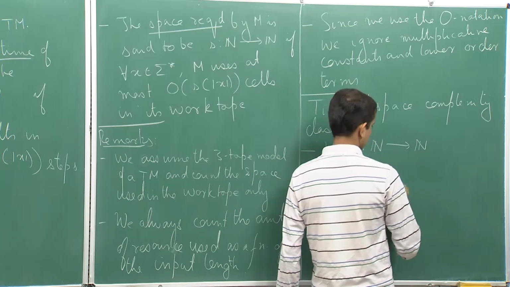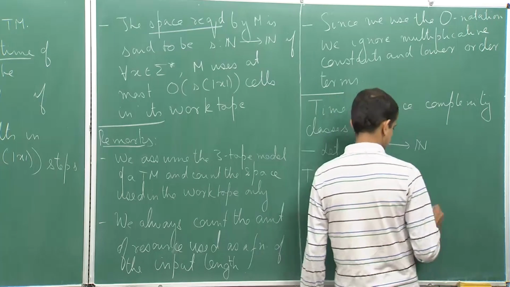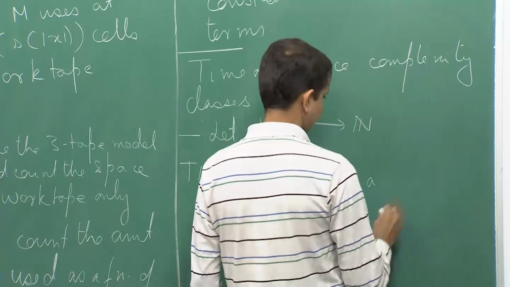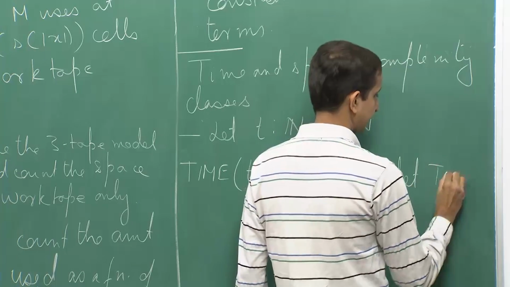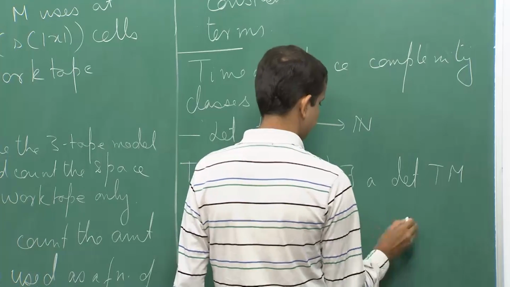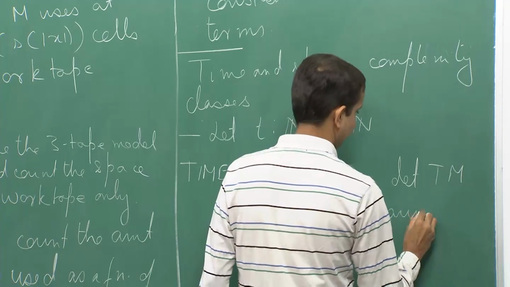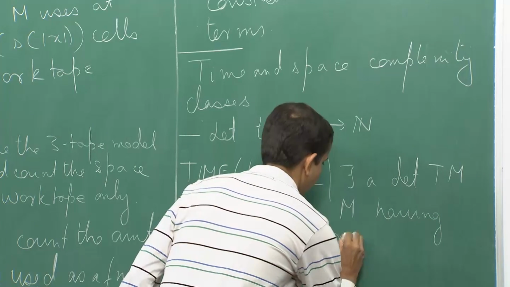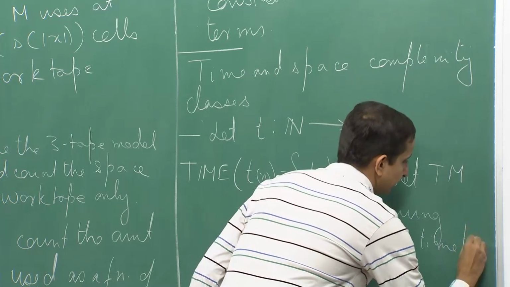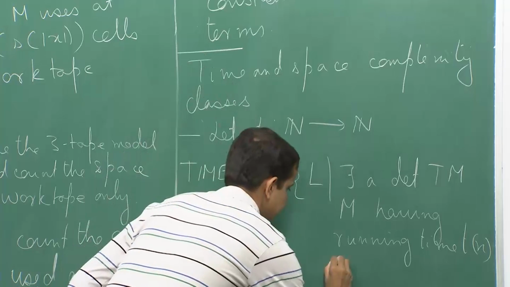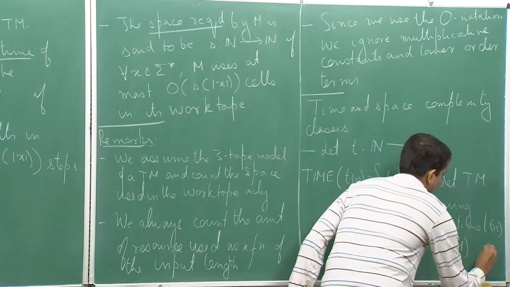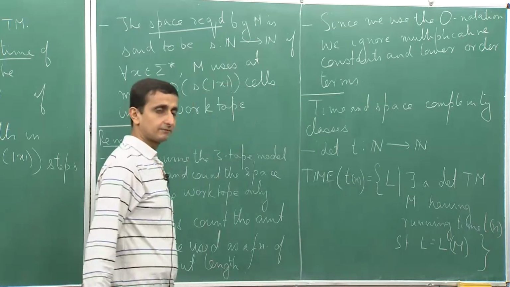as the class of languages L such that there exists a deterministic Turing machine M having running time T of n such that L equals L of M. Okay.